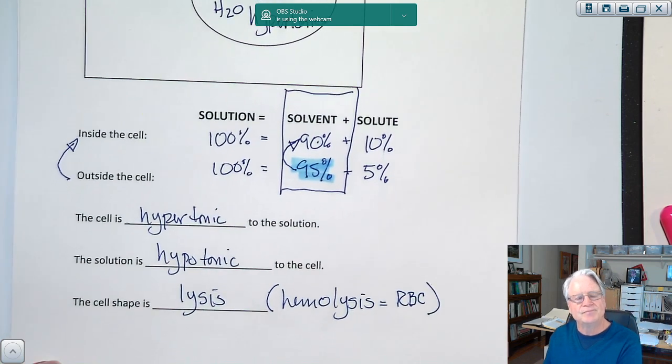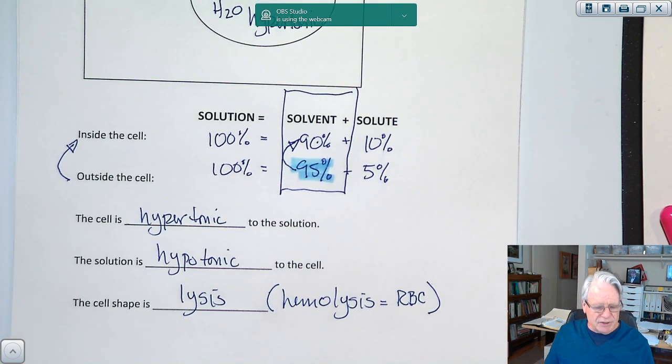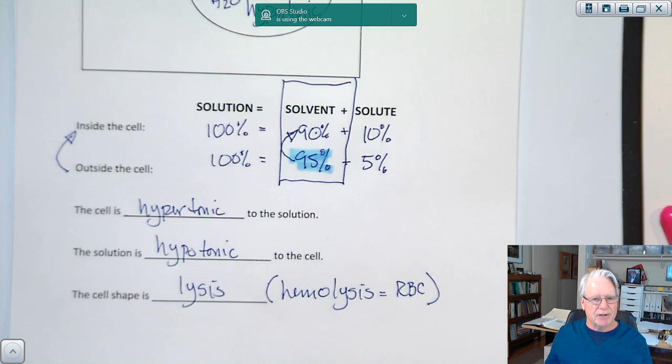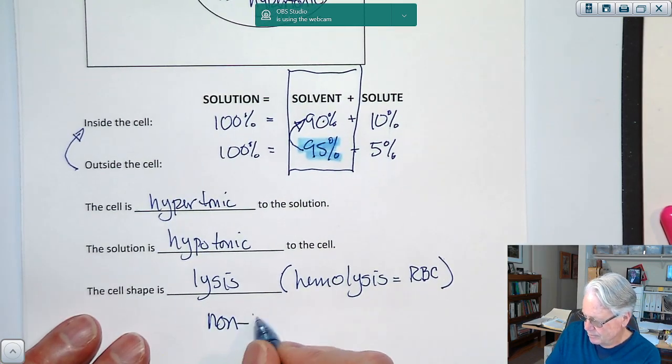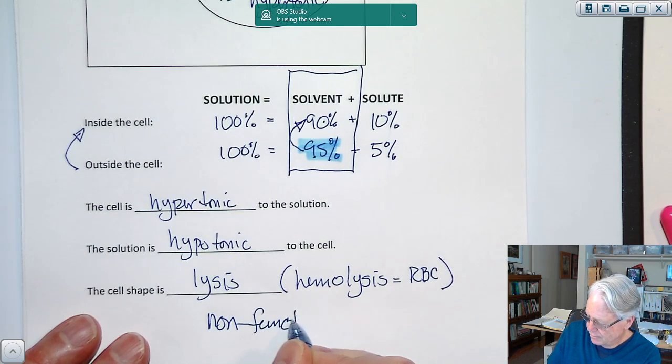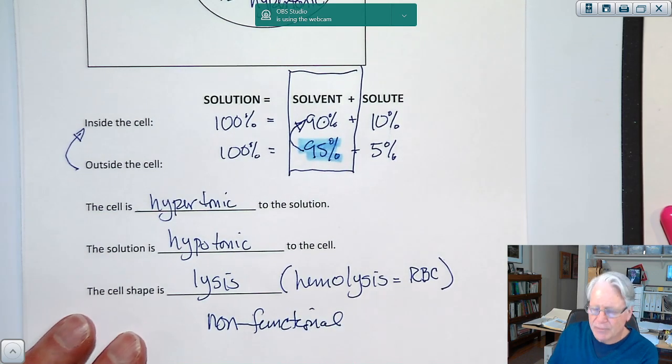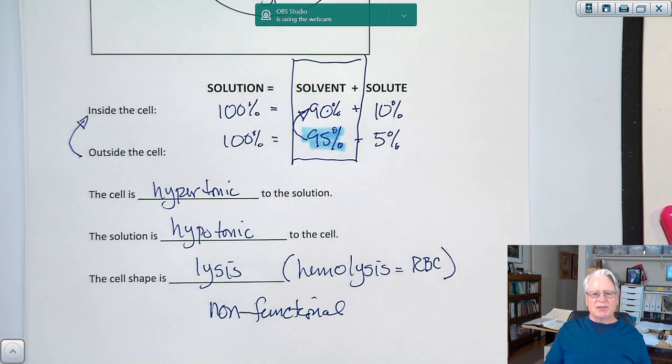Okay? Well, obviously, if the cell has broken apart, then it's non-functional. Non-functional cells cannot contribute to homeostasis, and they will not even exist.